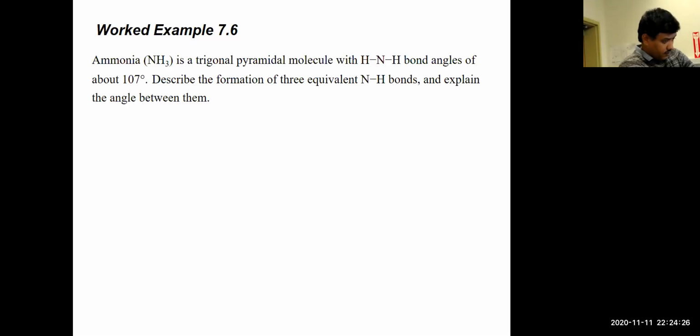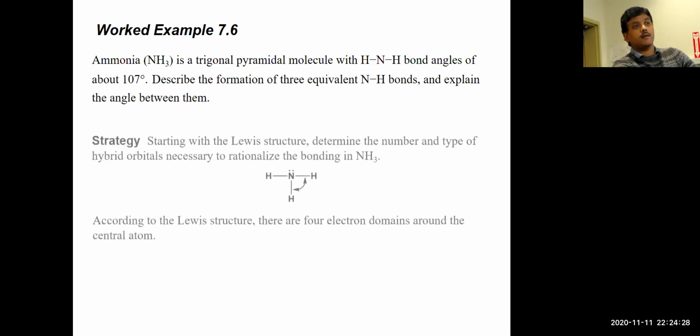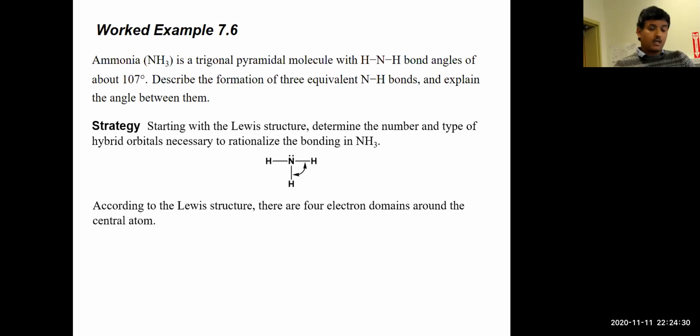So our strategy is going to be the same. We will start with the Lewis structure. According to the Lewis structure of NH3, nitrogen has the lone pair and 3 single bonds. So that means nitrogen has 4 electron domains around it.